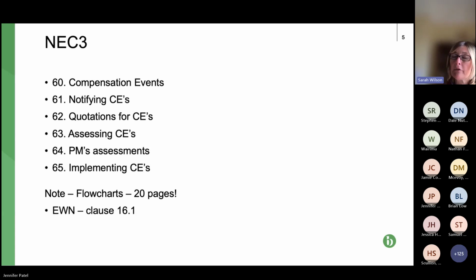And that's all by reference to the weather data that's relevant as per the contract data part 1. So it's quite prescriptive. You've got measurements, and if you come within those measurements, then there's a CE and it needs to be quantified.